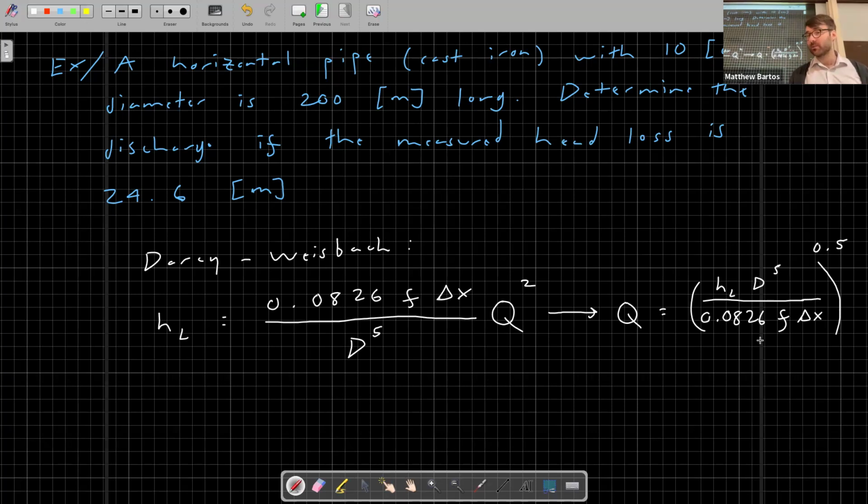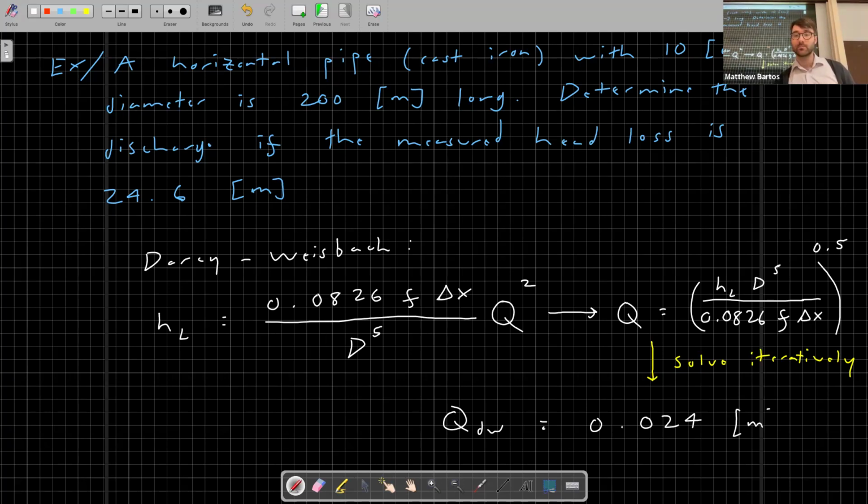And again, this is something we have to solve iteratively because the friction factor is going to depend on the velocity of the flow, which depends on the flow rate. But we can solve it iteratively, just like we did in Thursday's class. I'm not going to do it here because we've done it a couple times already. But what we'll get is a discharge for the Darcy-Weisbach formulation of 0.024 cubic meters per second.